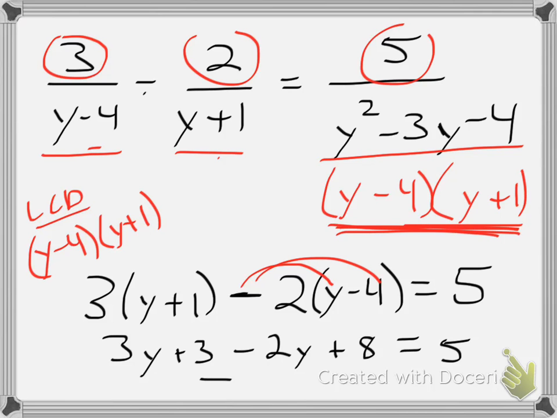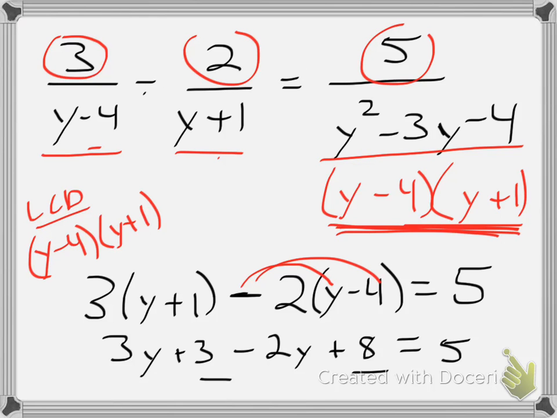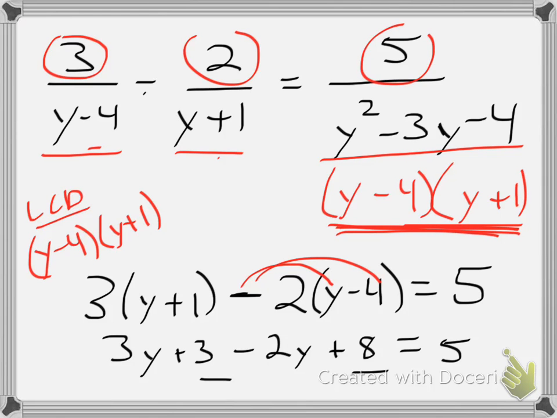The 3 and 8, both positive, add up to 11, and then my 5 is still 5. So 3y minus 2y becomes 1y, 3 plus 8 becomes 11, and 5 is 5. I'll continue to solve my equation by subtracting 11 from each side. And I'll end up with y equals negative 6. So I've determined that y is equal to negative 6.